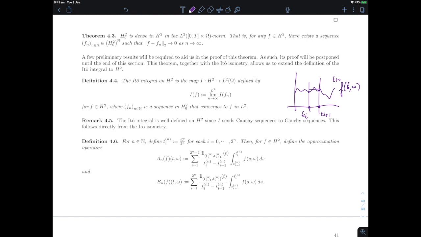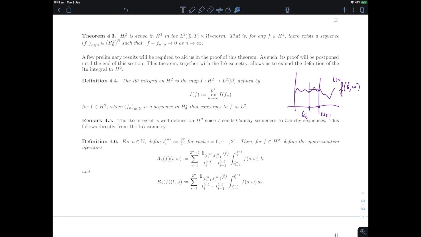So let's have a look at these two approximations that we're going to use, and we're really going to need both in order to conclude. The naive one that I described here is the approximation called Bn of f, described in definition 4.6. So you have an element of H2, you give yourself a certain partition of your interval in intervals of length 2 to the minus n. n is the level of approximation, which we're going to send to infinity eventually.